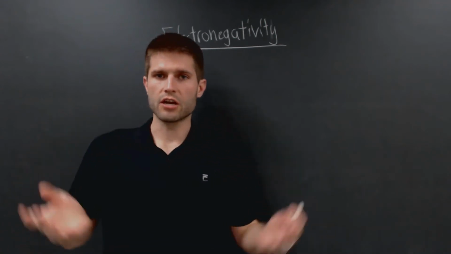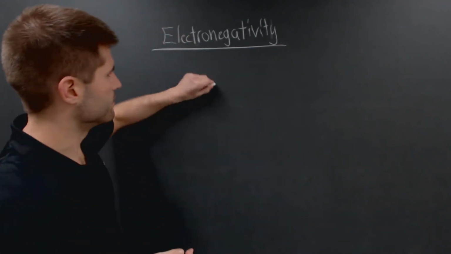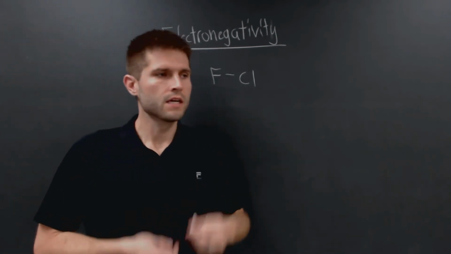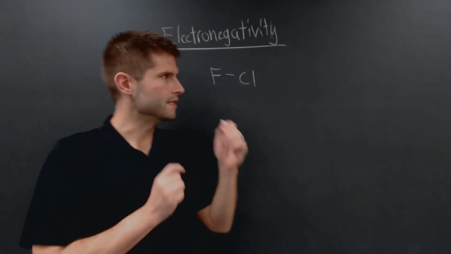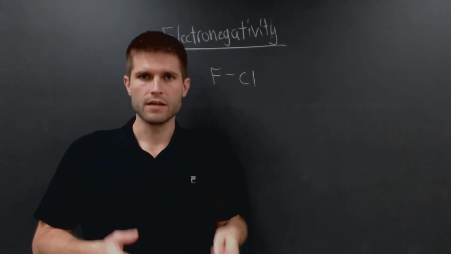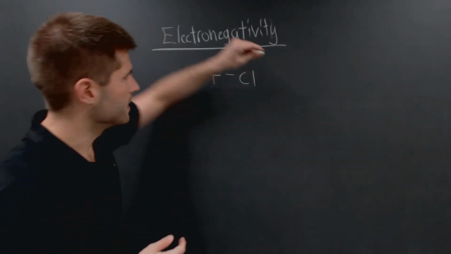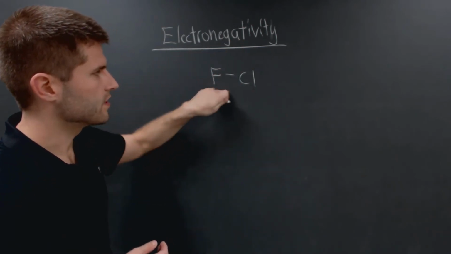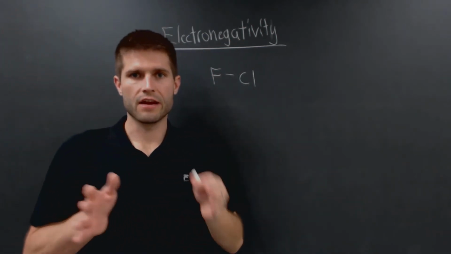So if there is a shared bond, let's say between fluorine and chlorine, a covalently bonded system, the fluorine, and I'll tell you why a little bit later, is much more electronegative than the chlorine. So what ends up happening is the electrons that are being shared around the chlorine, there is not this even sharing going on.